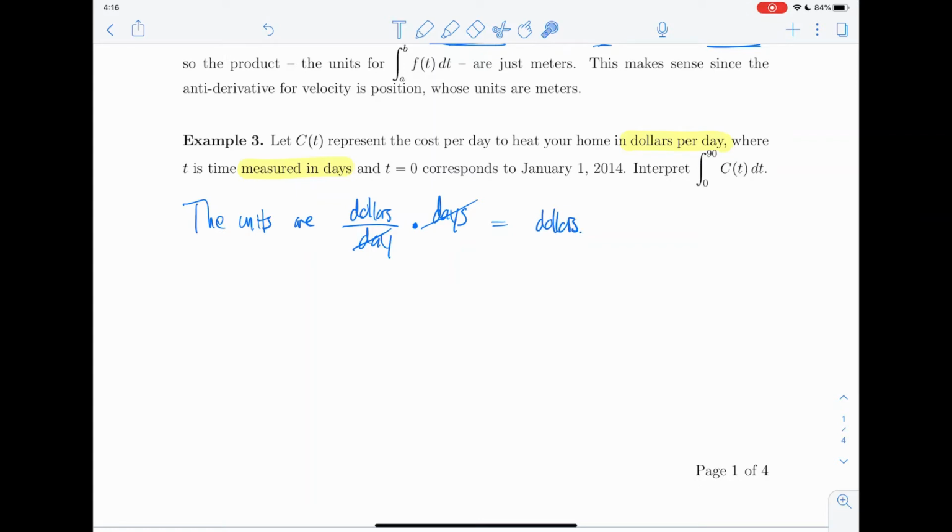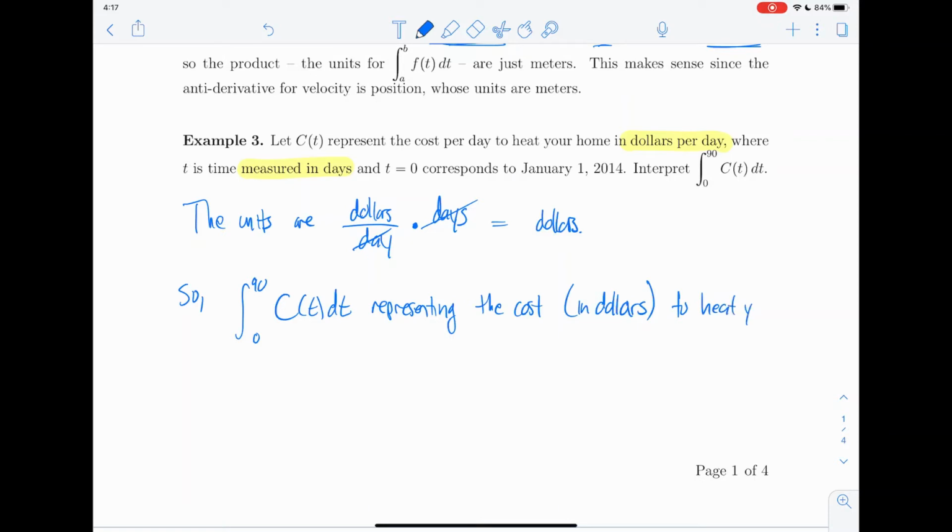So the units for this integral are going to be dollars, and in particular, the integral from 0 to 90 of c of t dt is representing the cost in dollars, because we have to be careful about our units. The cost in dollars to heat your house when?